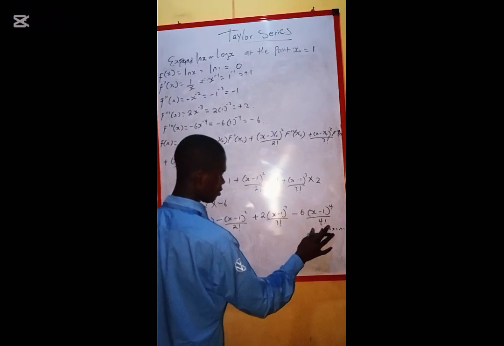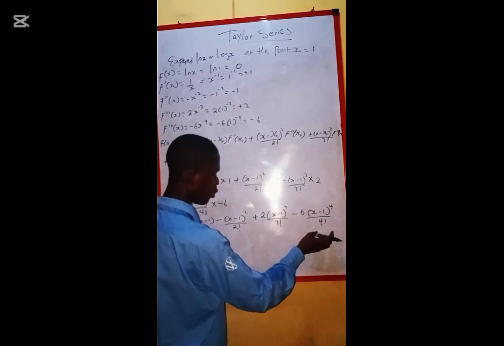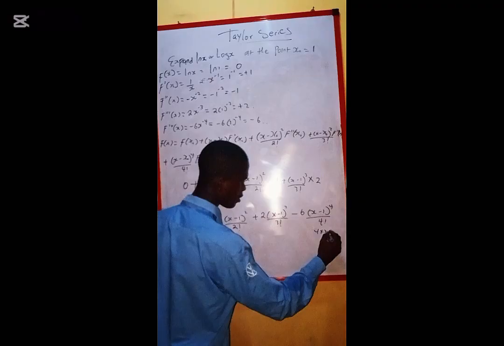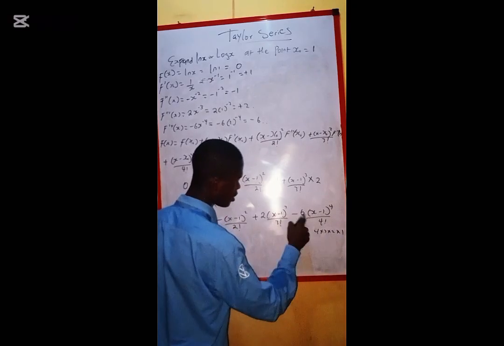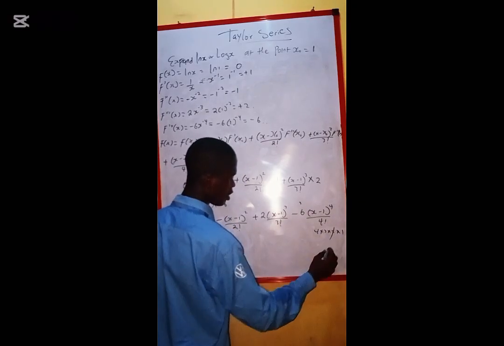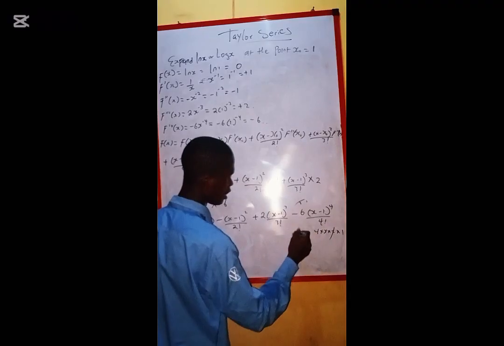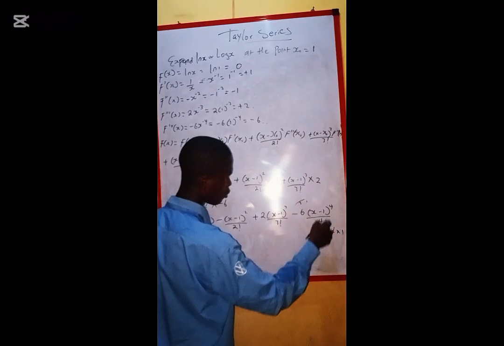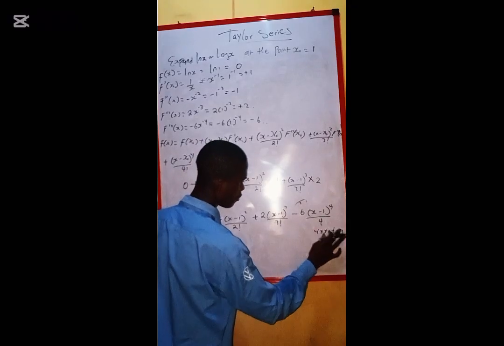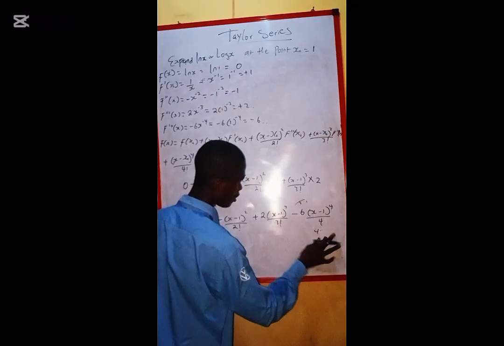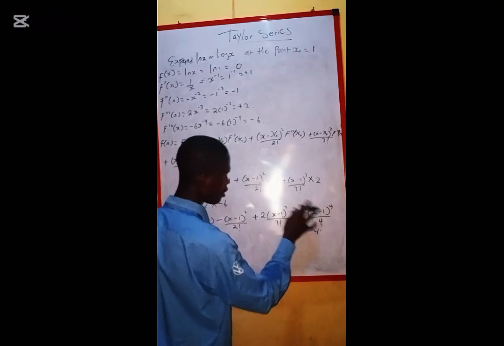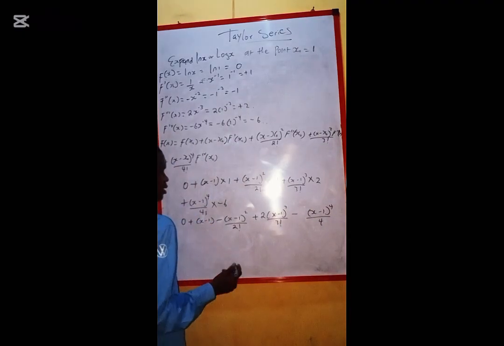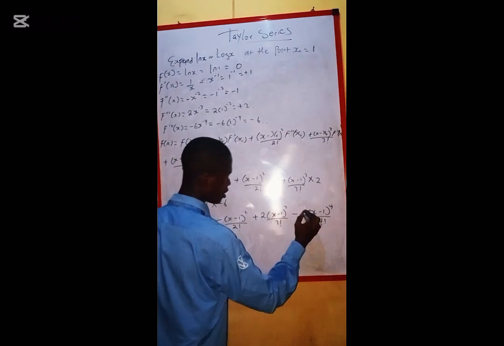You can just stop at 3 for now. Or you can still divide it as 4 times 3 times 2 times 1. 2 times 3 is 6, which cancels 6, which is 1. That means it will be (x minus 1) to the power 4 over 4. If you divide it, you get this. So it's still the same step, or just do it.